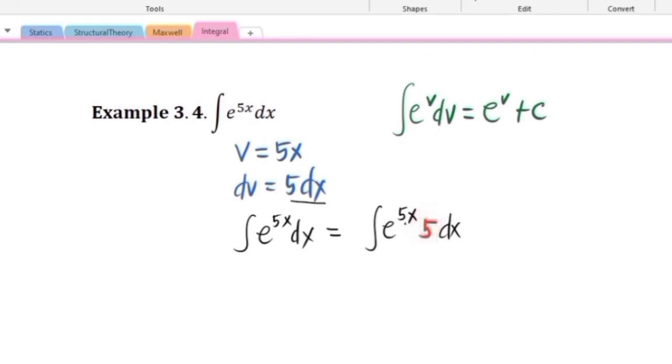And since we multiplied 5, we have to multiply the reciprocal dito sa labas. The integral of e raised to 5x is equal to 1/5 e raised to 5x plus c.